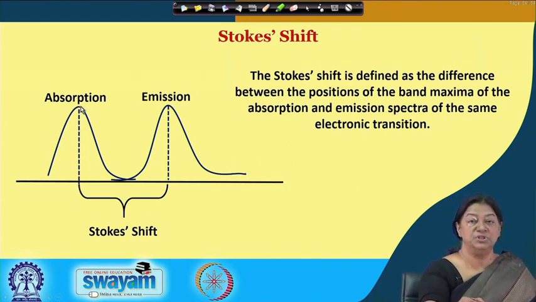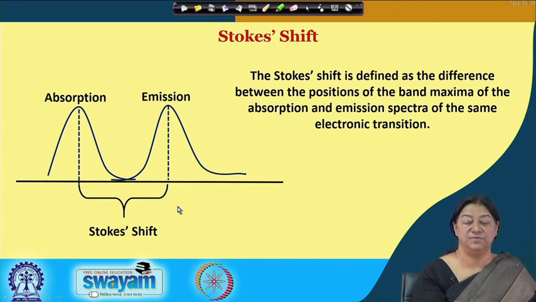We have the absorption here and the emission to the right in terms of wavelength, which means that we have a red shift. What do we mean when we have a red shift? We learned that if we have a red shift, it means it's at lower energy. If you look at the Jablonski diagram now, you will see that the energy difference between the ground singlet state and the singlet state from which the fluorescence emission is occurring is less than the energy of the absorption, which means that the wavelength is longer. It is red shifted.